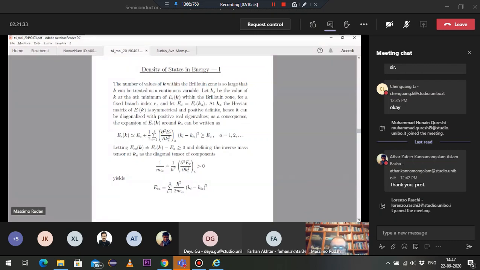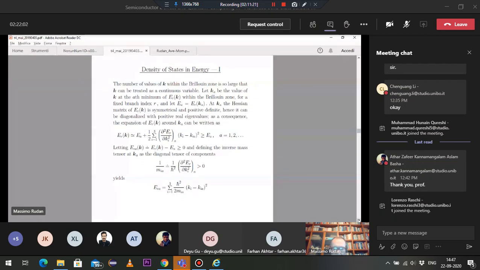And the reason is that we are inside a solid, okay? And you remember we have taken the average. So we are not really in free space. So the effective mass is the parameter that provides the information about how the particle reacts to external forces. So it gives you the inertia of the electron.